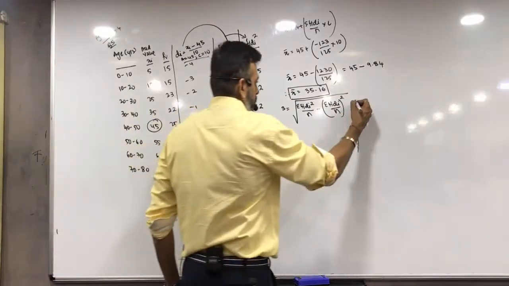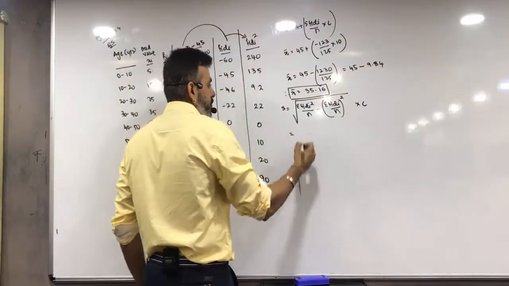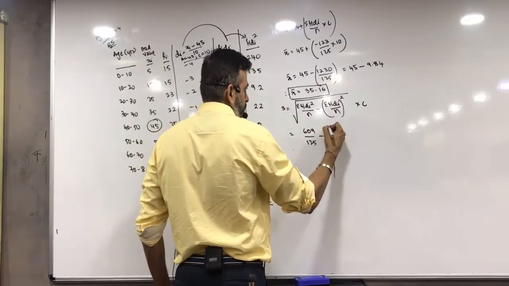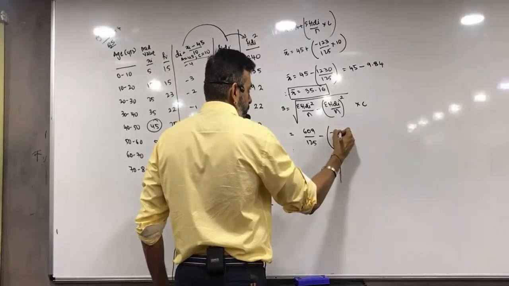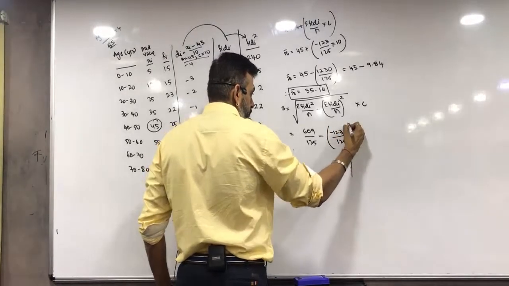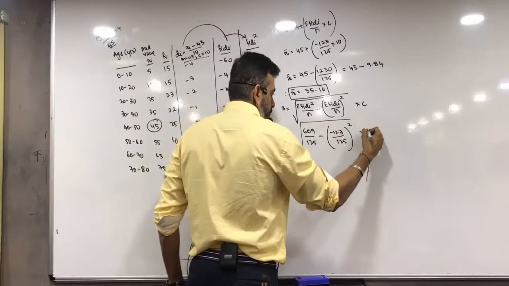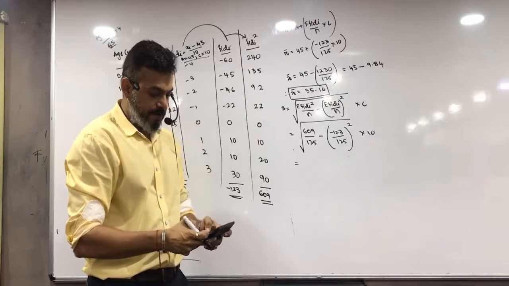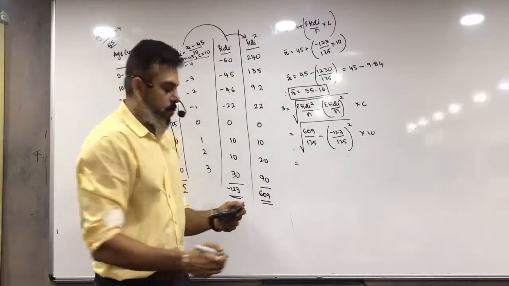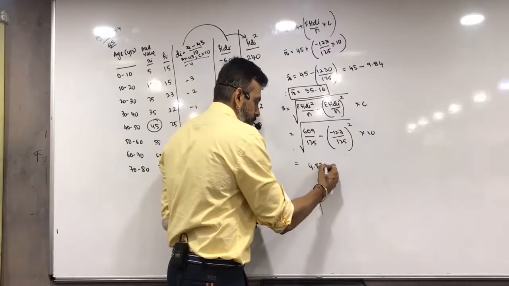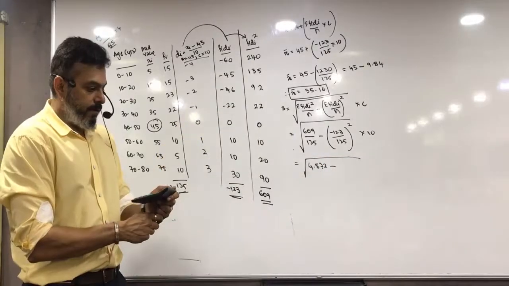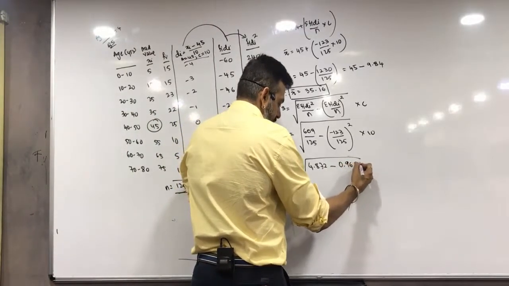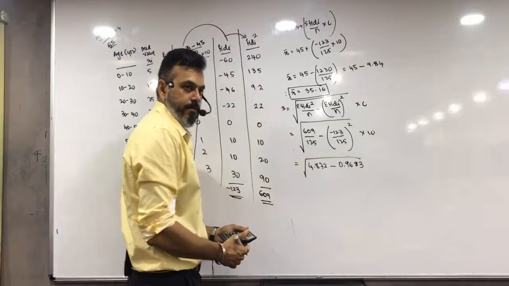Into C, which is equal to 609 upon 125 minus 123 upon 125 the whole square, the whole under root into 10. 609 divided by 125 is equal to 4.872, minus, you are getting 0.9682, so 3.9037 into 10.